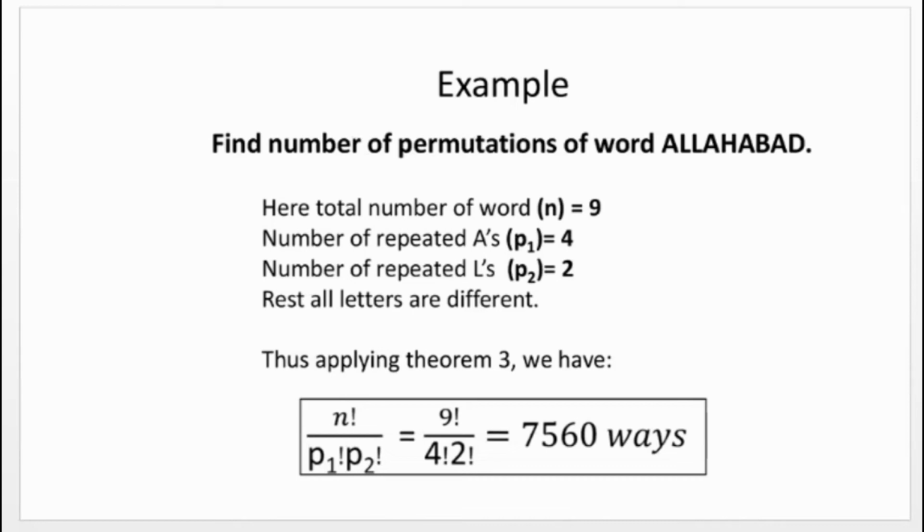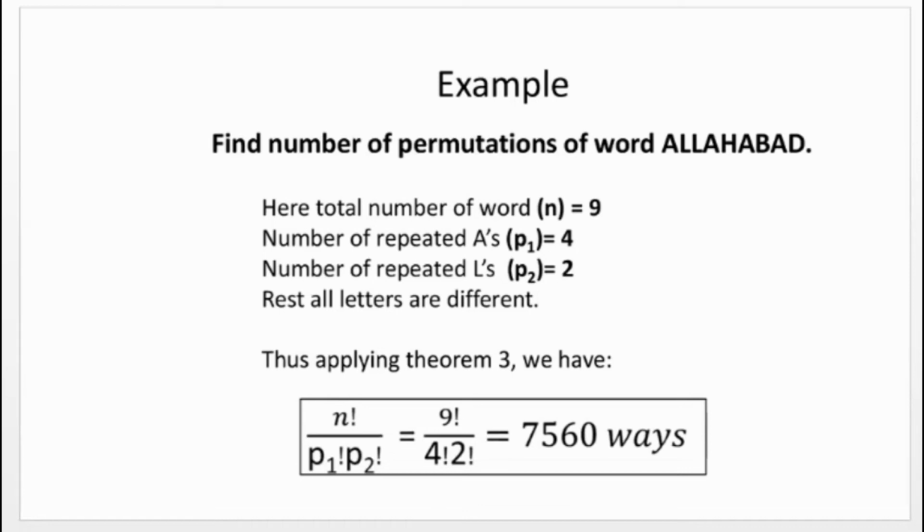Every letter we can assume is distinct. Distinct means every letter is different, right? How many different ways can we choose the second letter? 8. Why 8? Total 9 letters, all distinct. Now we have already used the first letter. So the remaining 8 letters are possible. How many different ways can we fill the second letter? 8.